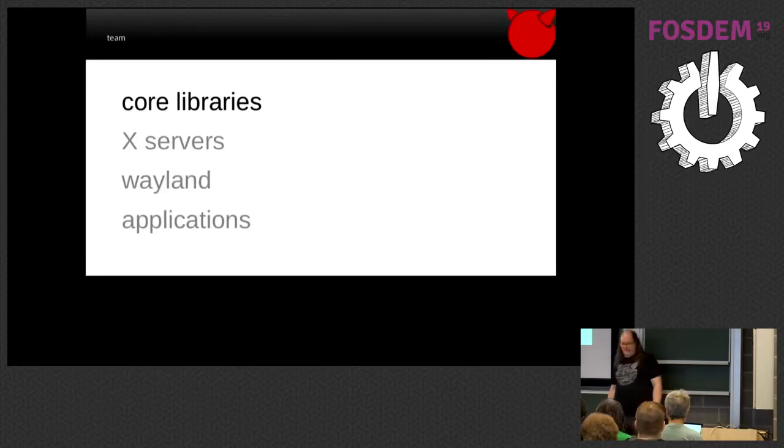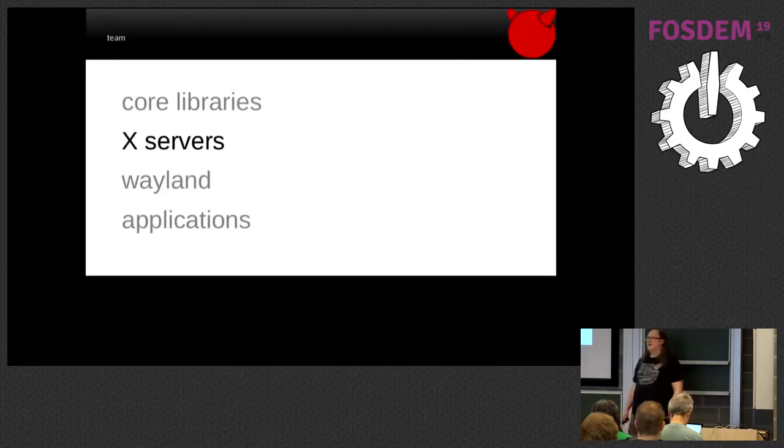So, the graphics stack on FreeBSD: we have the core libraries. This is all in ports: your libX11, your libxcb, your lib-whatever, basically. The X servers are, of course, something we're responsible for.